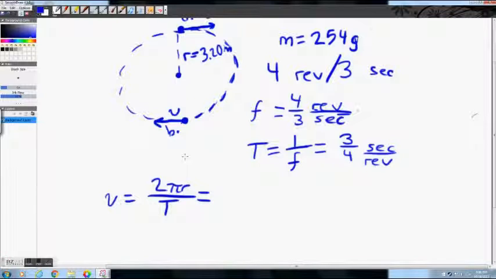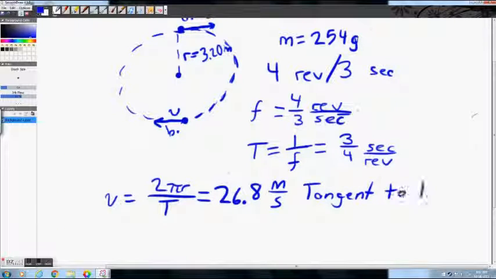And what we get is a velocity of 26.8 meters per second. And this is tangent to path, as of course that is a vector quantity. Let's say that these are exact, so they have an infinite number of significant figures. So we get our significant figures from the 3.20.